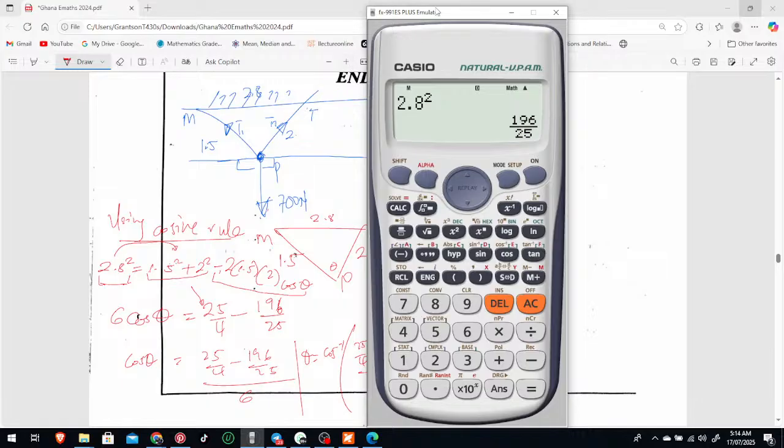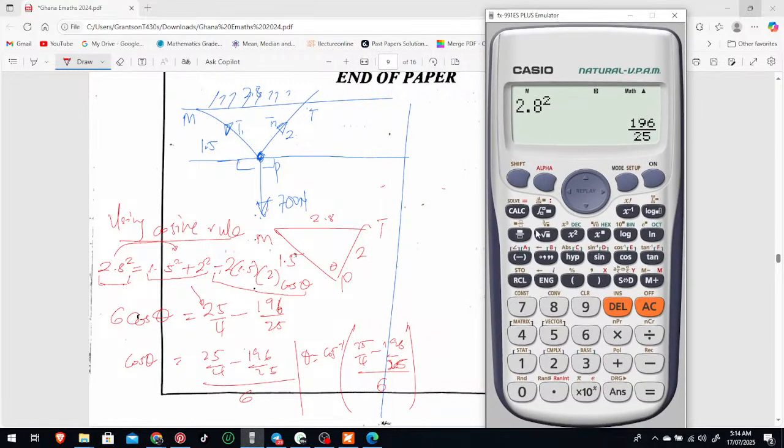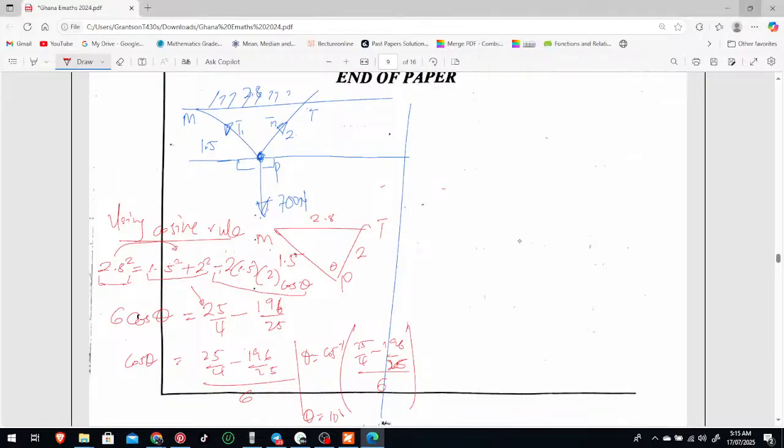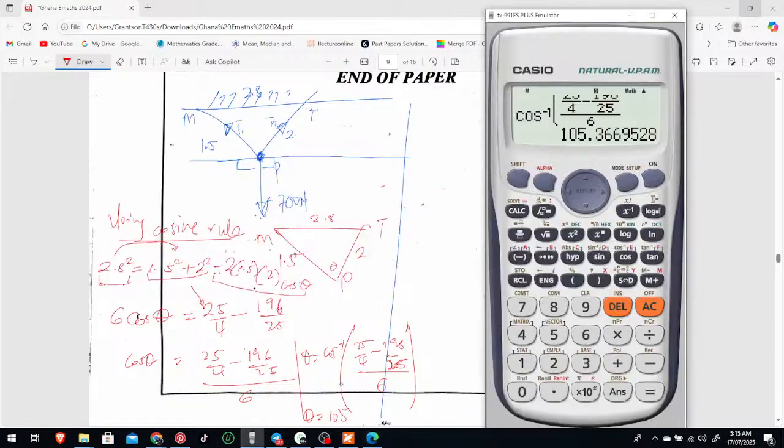The way I'm lazy, I don't want to punch it one by one. Cos inverse of the fraction 25 over 4 minus 196 over 25 all over 6. Theta is 105 point 36.